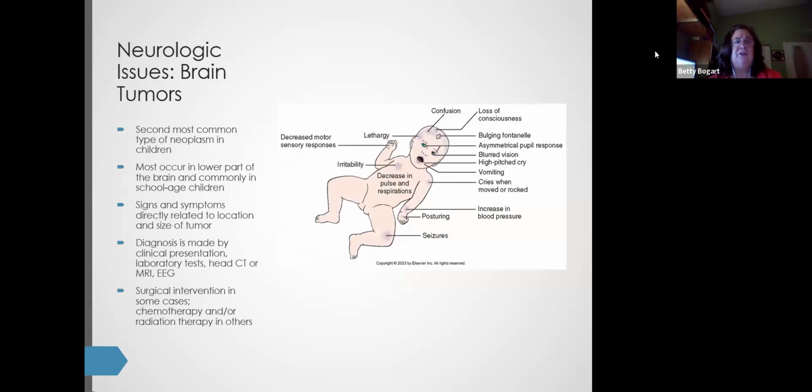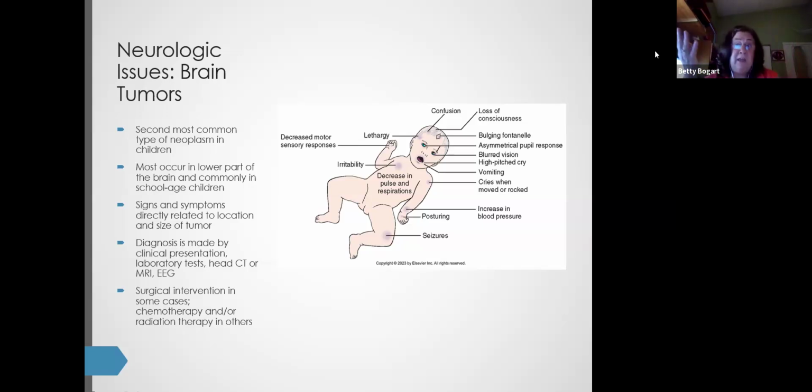Now, some of the neurological issues with children, it could be a brain tumor. Now, brain tumors are actually the second most common neoplasm in children, and it occurs in the lower part of the brain, which is the brainstem, right? So it's a big thing. But remember, every part of the brain controls something.